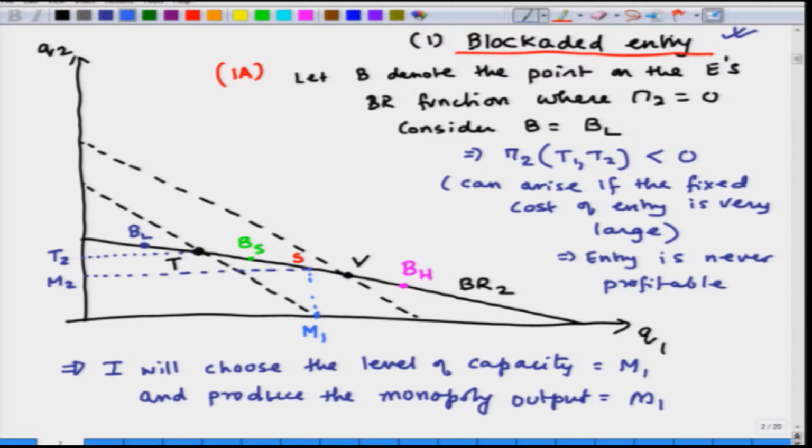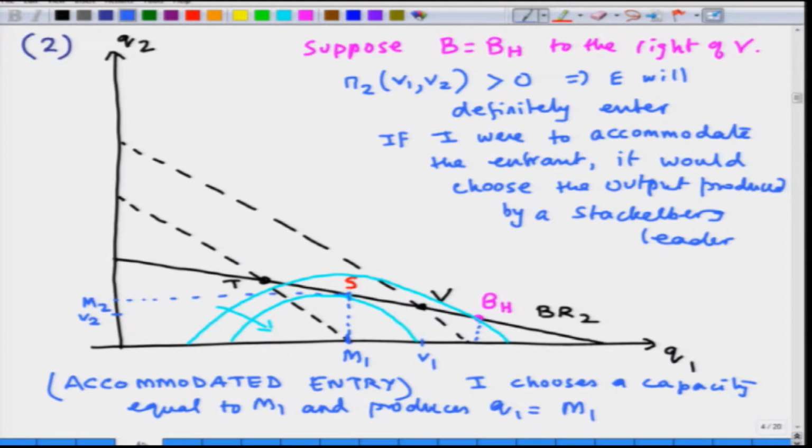In the other case where the fixed cost is high but not substantially high, again the entrant would not want to enter, and the incumbent is better off choosing the monopoly output. And finally, when the fixed cost is low, let us say at BH, then the incumbent is better off accommodating the entrant and being the Stackelberg leader. The most interesting case arises when the B lies between S and V. So, let us analyze that case now.